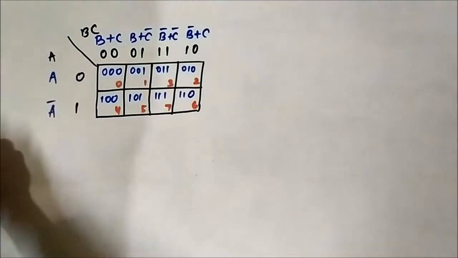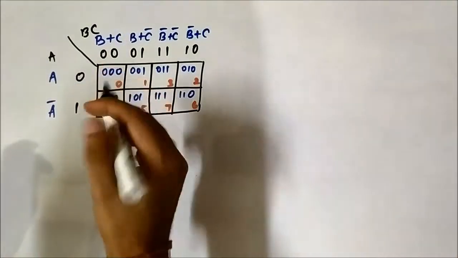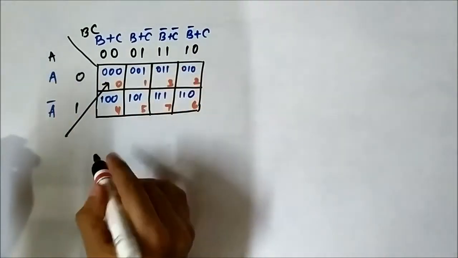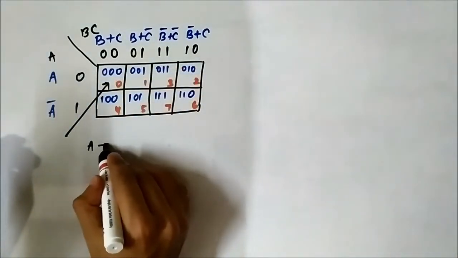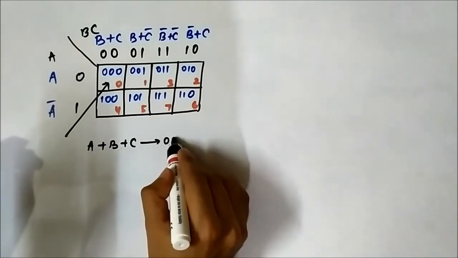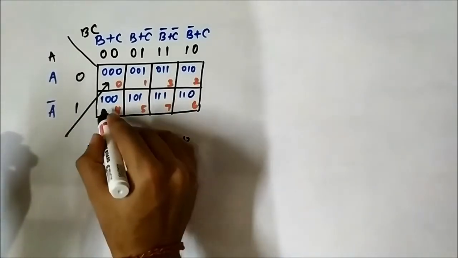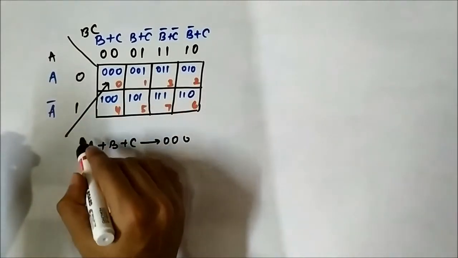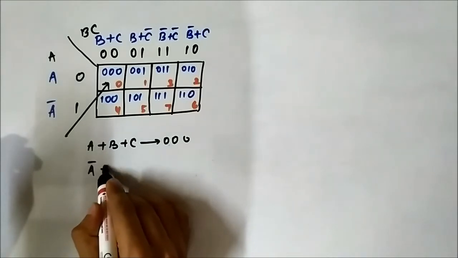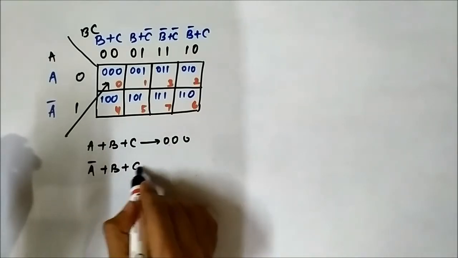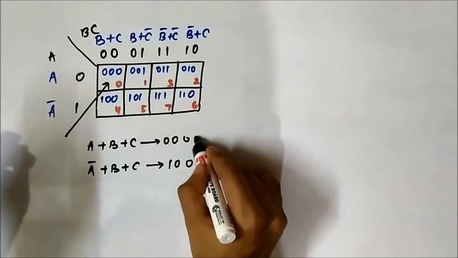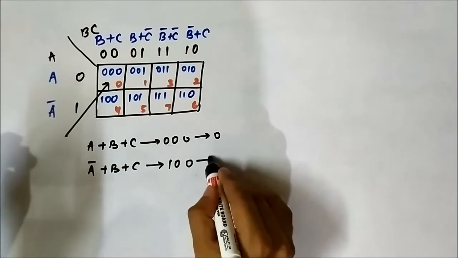The difference is that this cell is represented as A or B or C, 0 0 0. This cell is represented as A bar or B or C, 1 0 0. This is 0, this is 4.